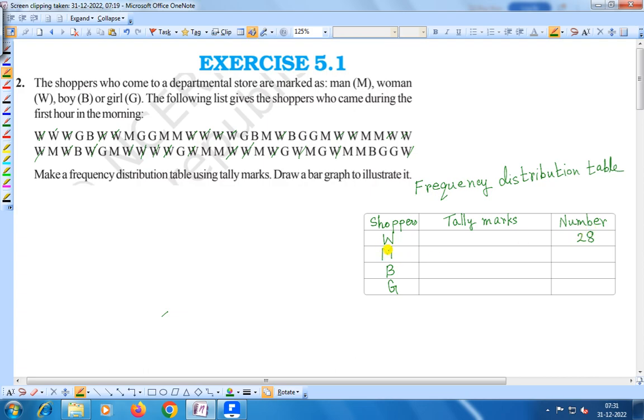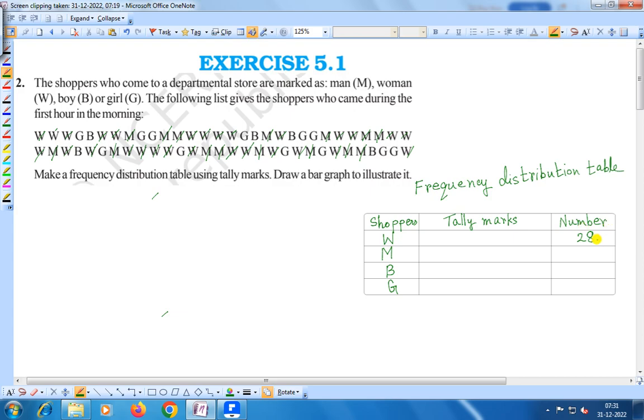M for man. Now count the men, from here you count 1, 2, 3, 4, 5, 6, 7, 8, 9, 10, 11, 12, 13, 14, 15 men.